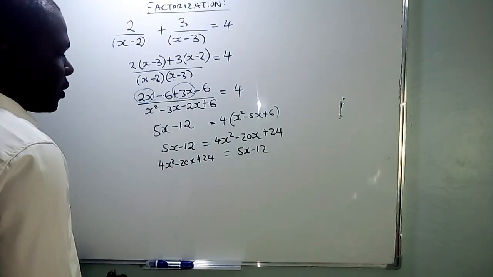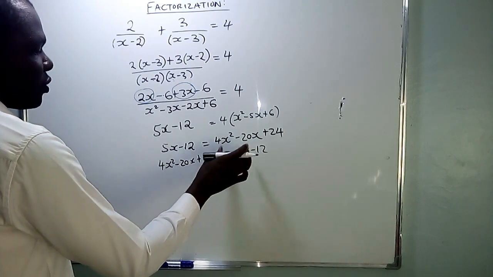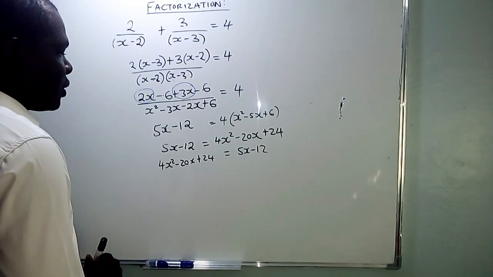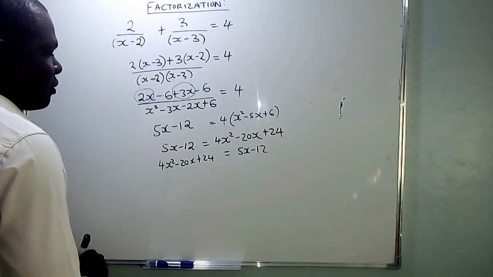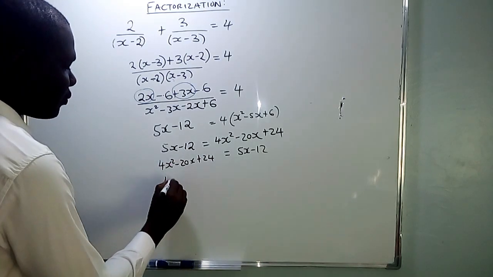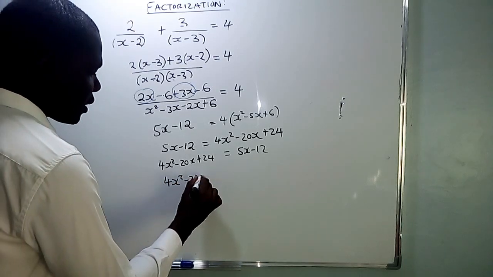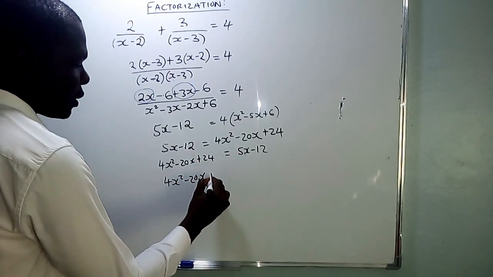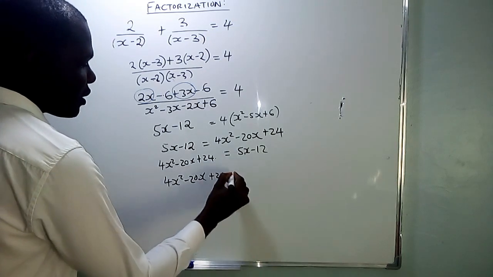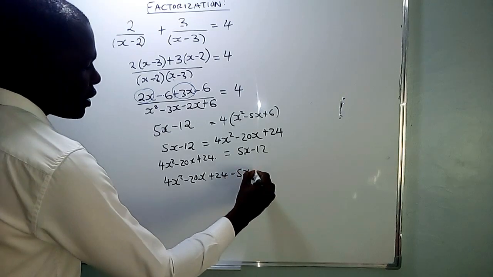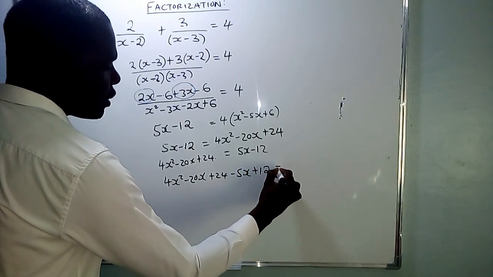So we just switch. We let the right hand side of the equation be the left, and the left hand side be the right. So we have 4x squared minus 20x plus 24. Then 5x coming to the left hand side of the equation becomes negative 5x. Negative 12 coming to the left hand side becomes positive 12.